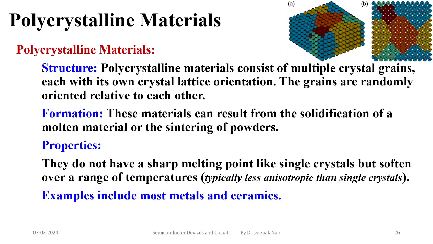So they have more or less similar behavior compared to the amorphous solids. Some of the examples are most of the metals, they fall under the category of polycrystalline materials, and ceramics also fall under the category of polycrystalline materials.